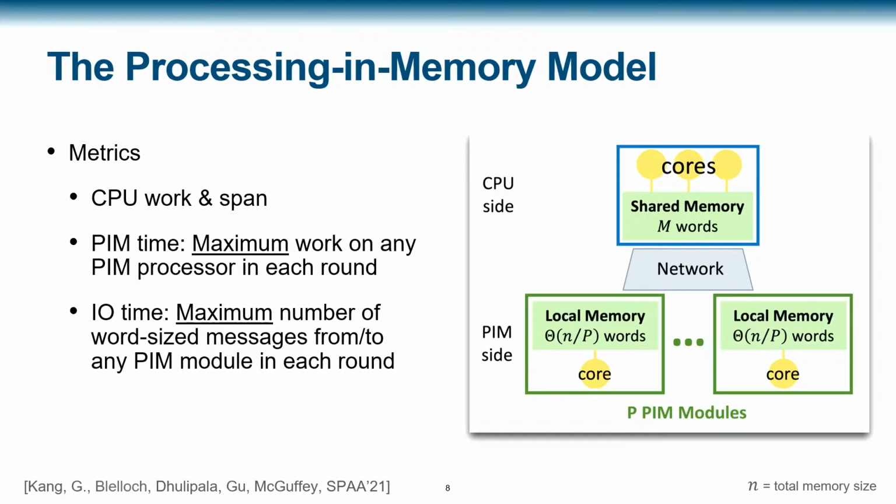The real issue, which I think was mentioned in one of their earlier talks this week, is that they don't have any coherence in this memory. So you're either in a phase where the host can alter and access the memory, or only the PIMs can access their memory. And that creates that sort of secondary cost.